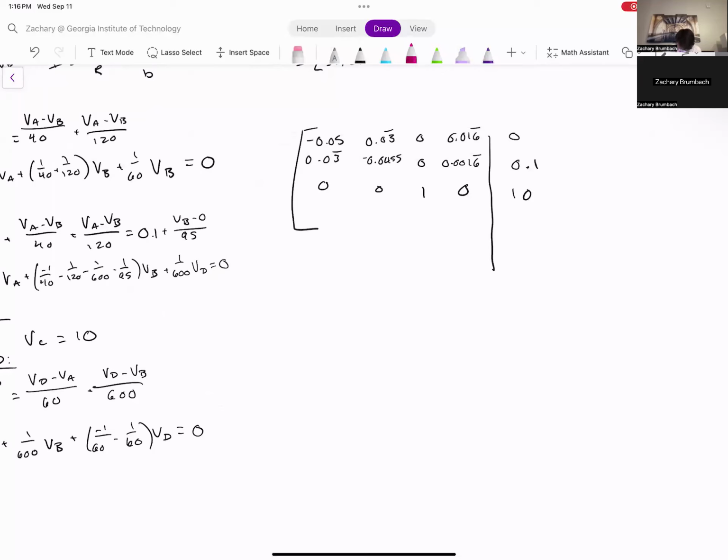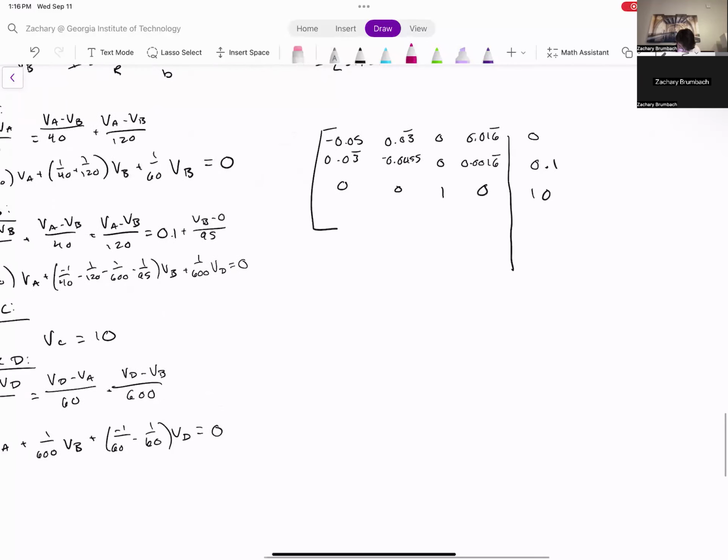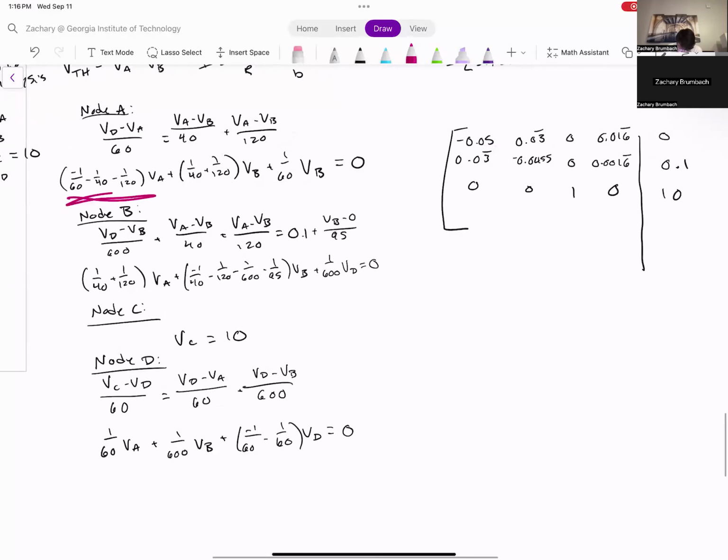And what I'm doing here is, if you remember from linear algebra, I'm literally taking my coefficients and plugging them into the A, B, C, D equals number form. Okay, so I'm reorganizing this into a matrix.